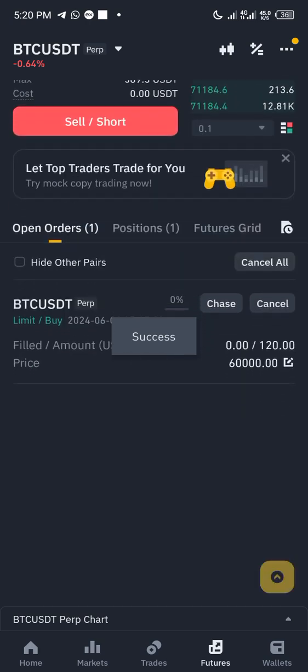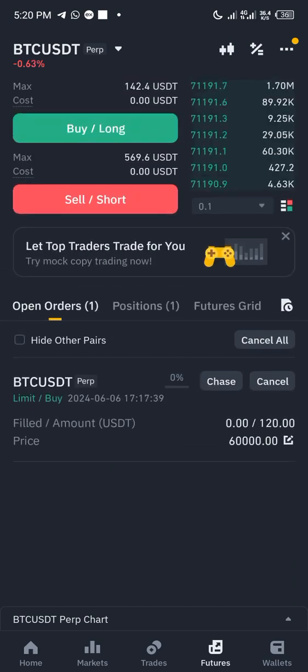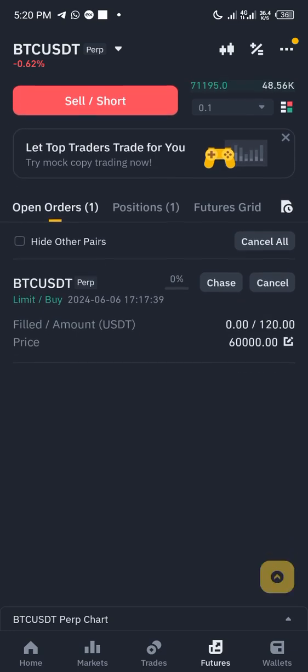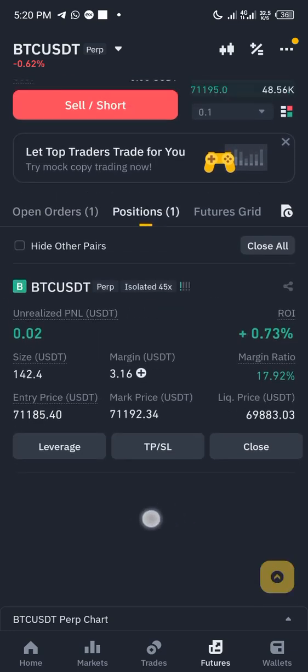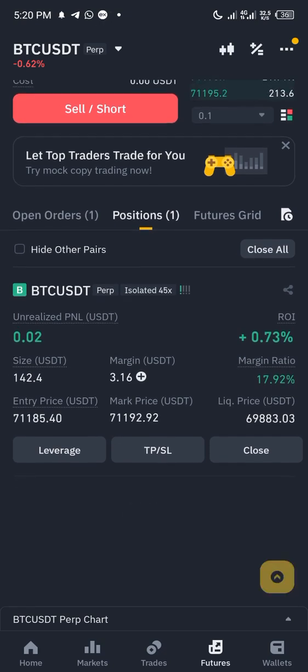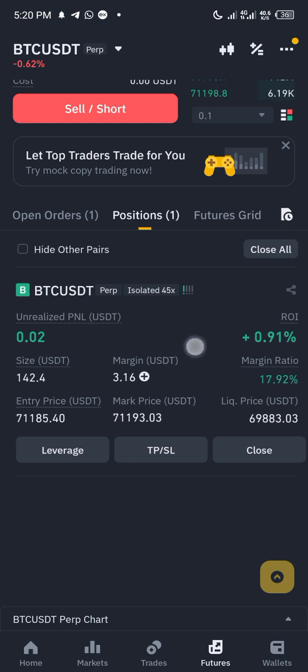You can see that you cannot find it in open orders because you are using a market order. This is where you're going to see it, in the position tab. You can see that this is the current trade I just placed, already running for me. Let me now explain it for you.